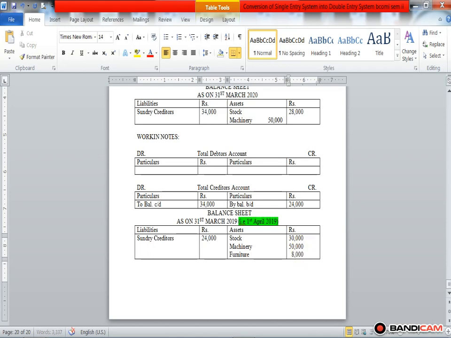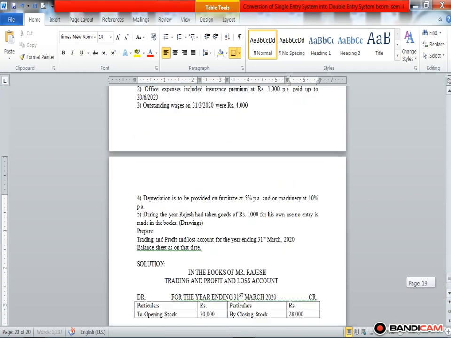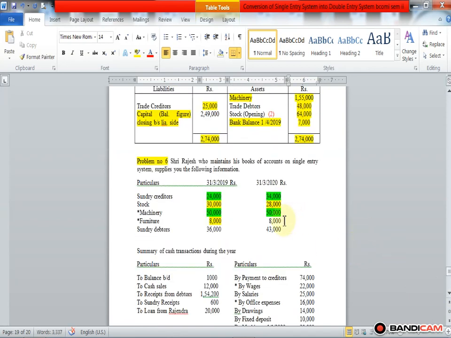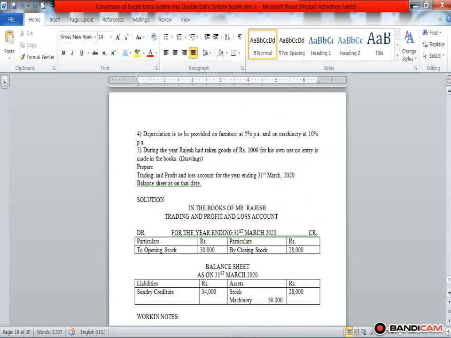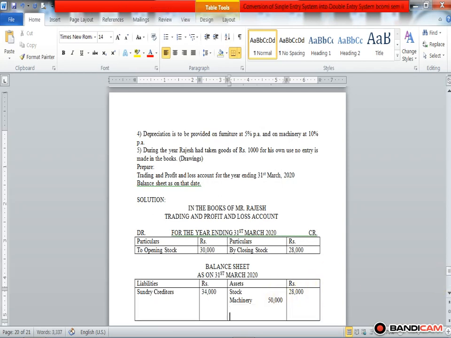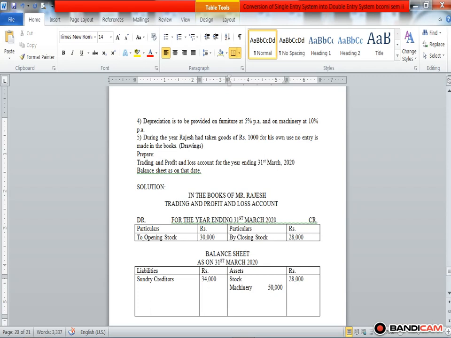Got it? Then closing balance of furniture, 8,000, but adjustment is given. So we write down the furniture's amount in the inner column. Furniture amounted to rupees 8,000.